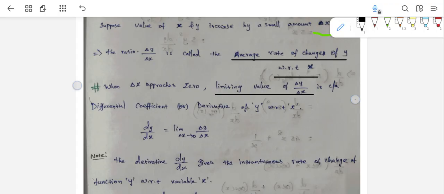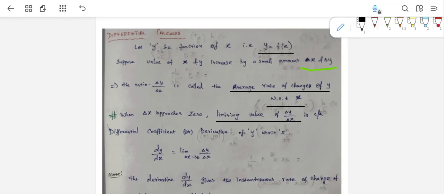Here you don't need to be very confused with this. Just remember, if y is a function of x and both values are increased by a small amount, the average rate means the ratio of delta y by delta x, the average rate of change of y with respect to x.